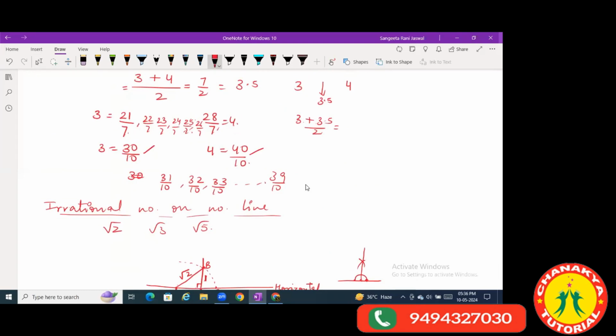If I had to do this with 100, I would get 300 by 100 and 400 by 100. So that's a wider range, and you get all rational numbers between these, right? So that is one way your ma'am has told you. If you want to find 5 rational numbers, then you multiply the numbers with 6.